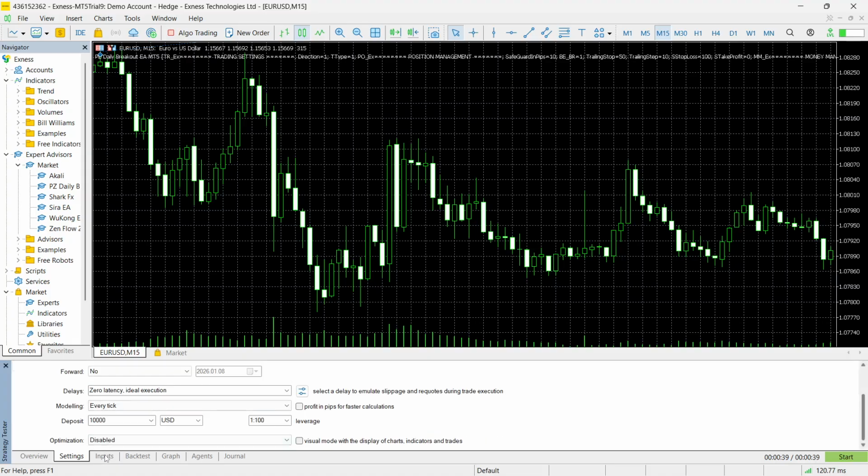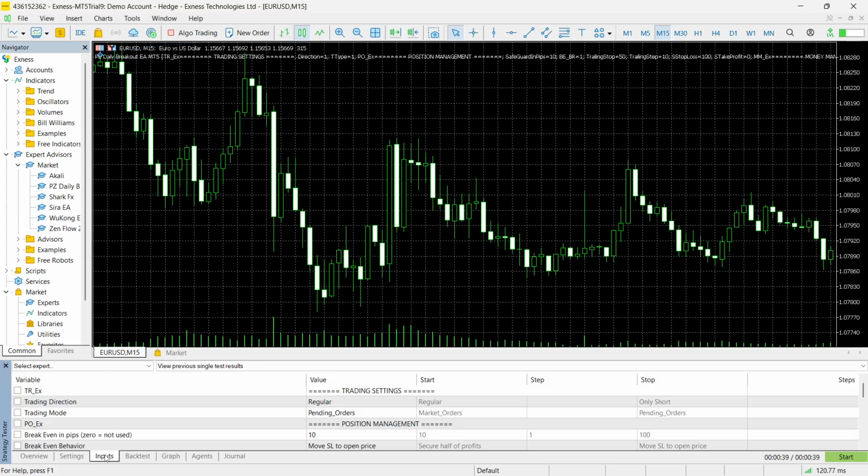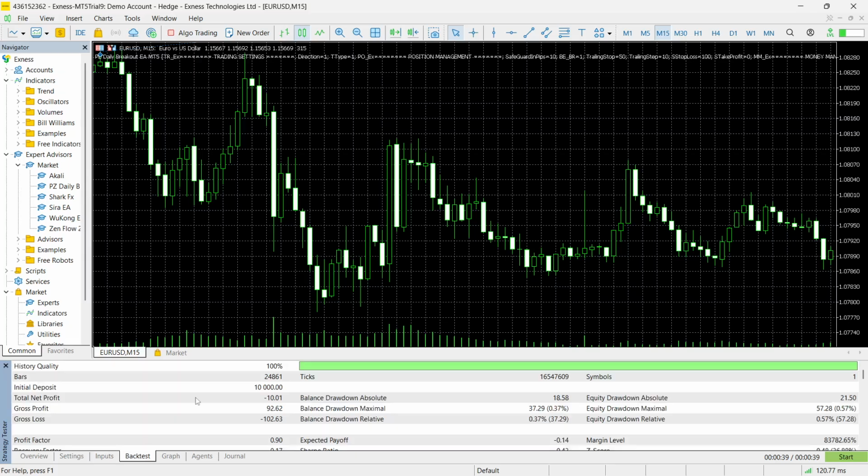Starting with a 10k deposit, we ended up with a small net loss. Profit factor came in at 0.90, basically meaning the system lost a tiny bit more than it made overall. So you can see that our net loss was just $10.